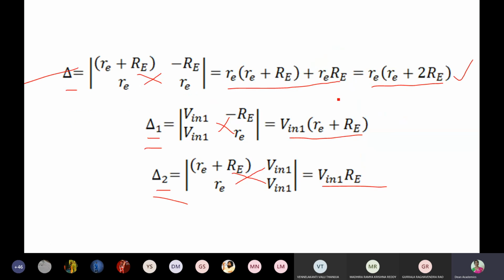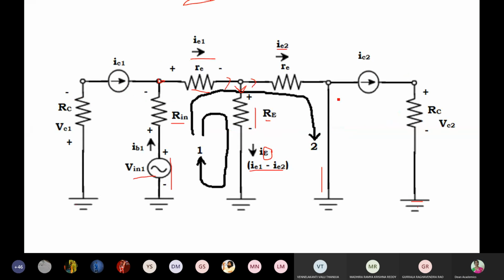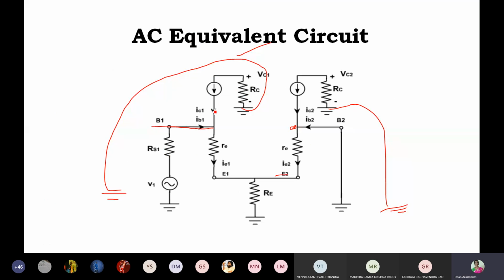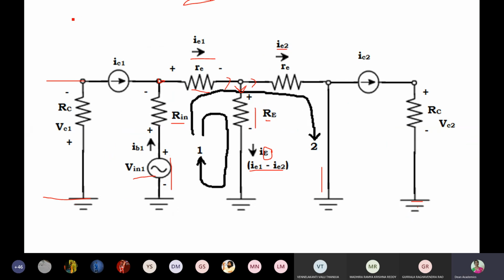I am going to the equivalent circuit. This is VC1 with respect to ground, if you measure. This is the same circuit, the previous circuit, which we have redrawn. When you measure voltage here with respect to ground, you will get minus, so we are writing minus of IC1 RC.